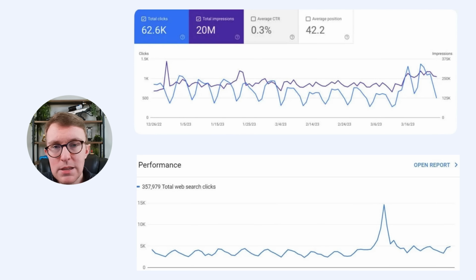But that's probably significantly skewed by the previous month's performance, or basically Google was starting to show it to a lot of people relative to the amount of clicks. And then boom, it started getting real visibility. It probably started winning featured snippets or something like that dramatic.